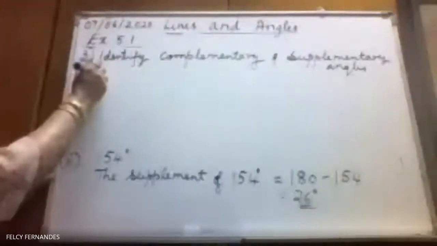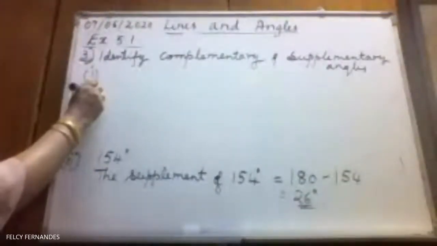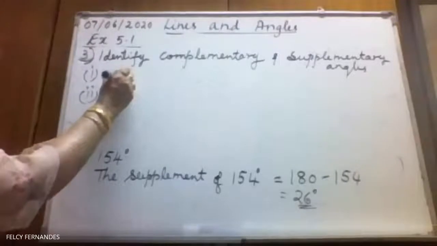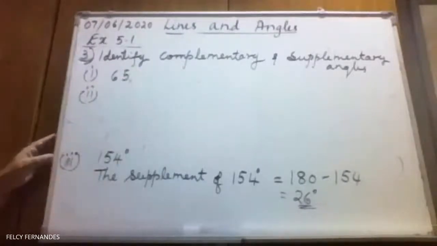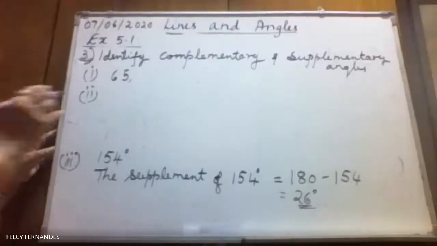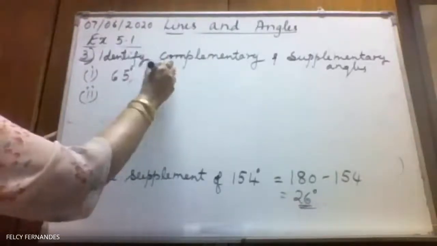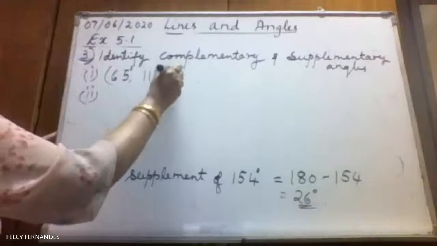Very simple, we can finish within no time. I will only give you 2 examples. They have given you 65 and 115. And you need to identify whether they are supplementary or complementary.